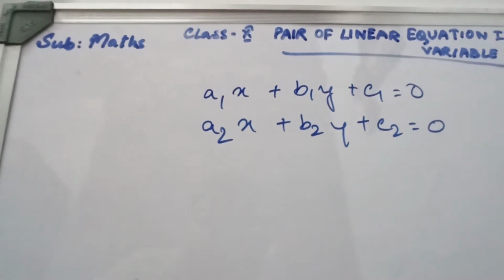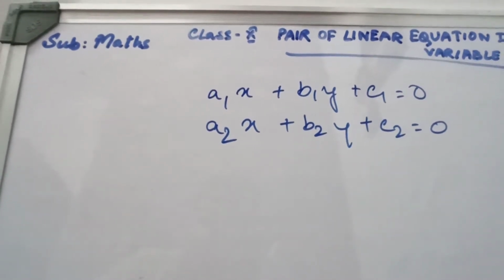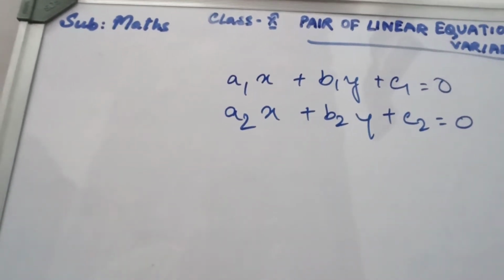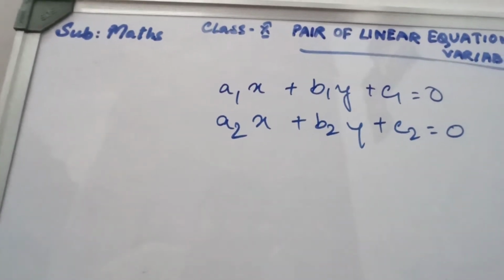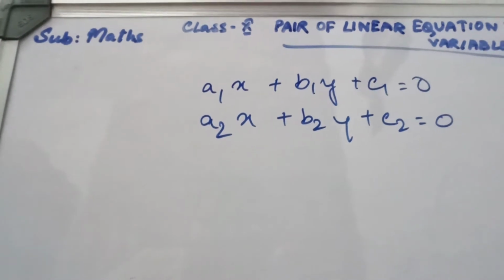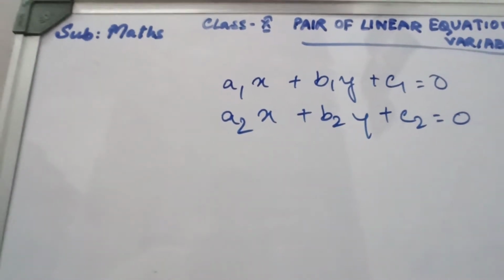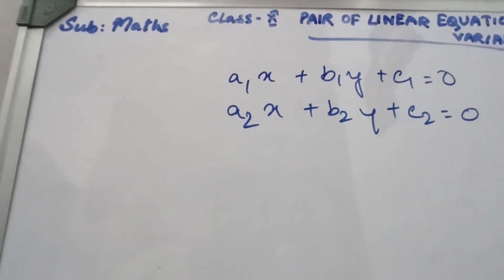And what are this a1, a2? a1, a2 are the coefficients. a1 is the coefficient of x in the first equation, and what is a2? a2 is the coefficient of the variable x in the second equation, correct?